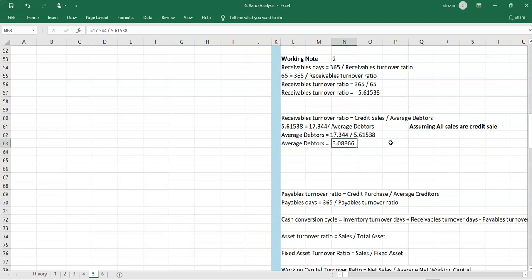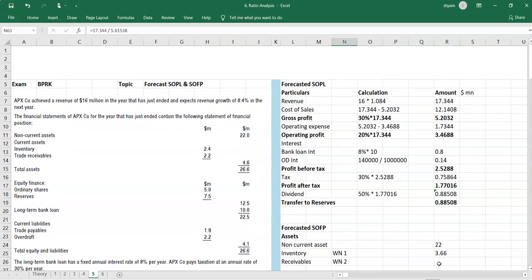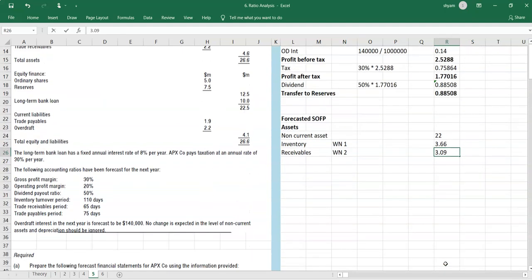Our answer comes to 3.0886. That is going to be our average debtors. We can round it off to 3.09. Our receivable is 3.09. So we got that.